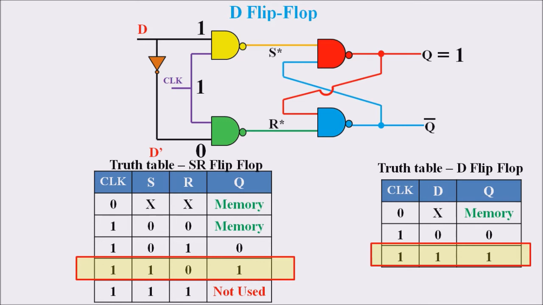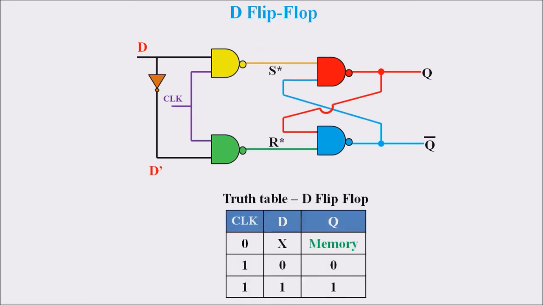So D flip-flop has 3 states. If the clock value is 0, then the D flip-flop will store the previous data value, that is, we are dealing with a memory. And if the clock value is 1, we can see 2 different cases with D equal to 0 and D equal to 1. If clock is equal to 1 and D is equal to 0, then the output will be 0, and clock equal to 1 and D equal to 1 gives an output of 1.